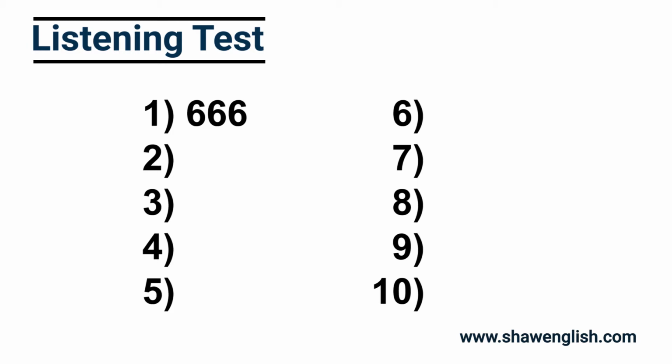Number 2, 3,212. Okay, so you should write this. The next number, number 3, 6,432. All right, so you should write this.